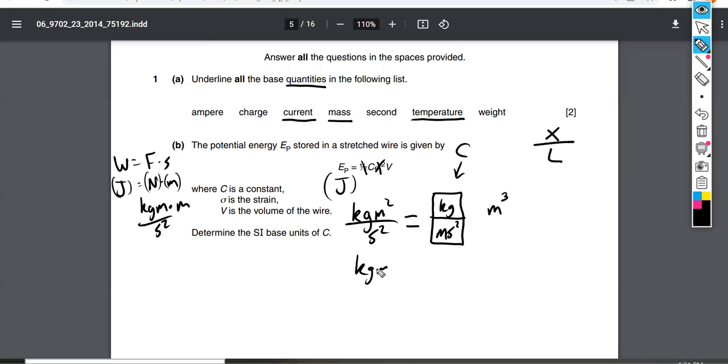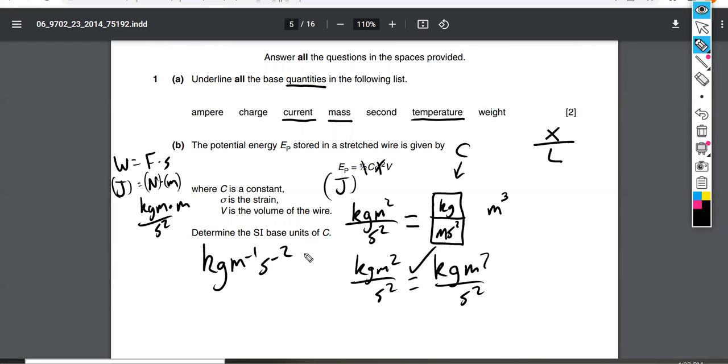So the base units of energy, kilogram meter squared per second squared, equals kilogram. And again, this meter is going to cancel one of those, and so we just get meters squared per second squared. That's a homogeneous equation, right? It's the same on both sides. And so the answer to this, the SI base units of C, are everything we had to put in this box for C, right? So it's going to be a kilogram per meter per second squared.